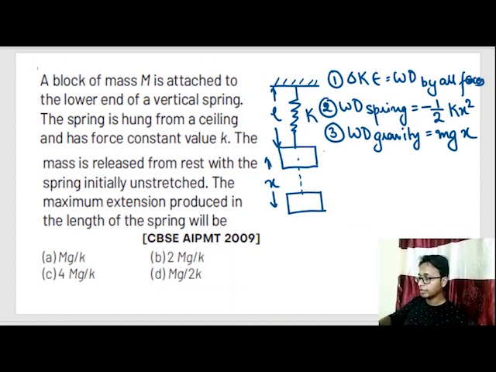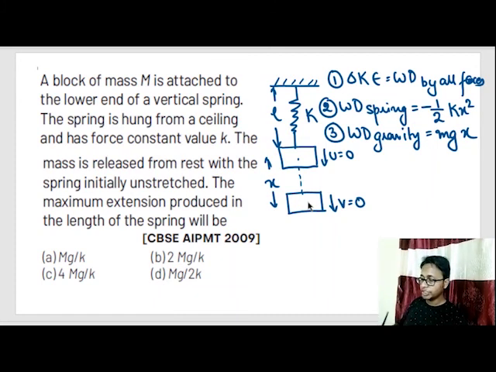Now what was the velocity here before dropping? The velocity was 0. At the end point, when the spring is finally stretched and it is just about to move up or stay there, whatever the case, the final velocity is also 0.